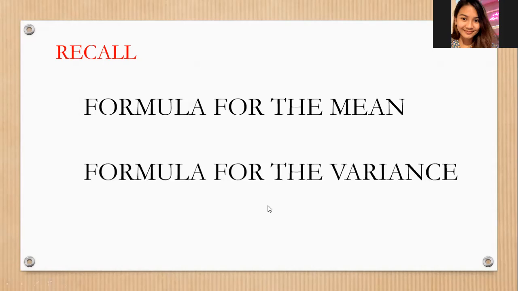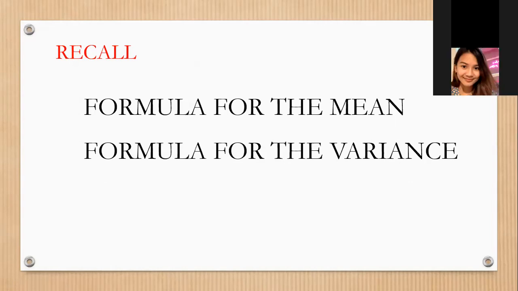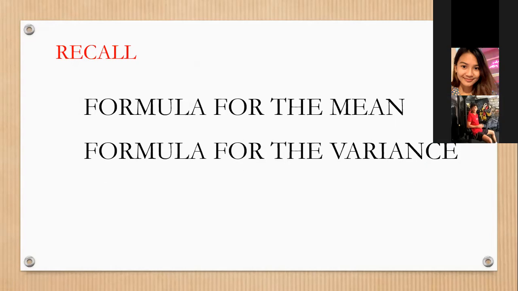And the next one, how about the formula in finding the variance? Anybody who wants to raise their hand? Yes, Frias? Variance is equal to sigma of quantity x minus mean squared over n. So it's summation. Pagka sa population, n lang siya, hindi ba yung ilalim?